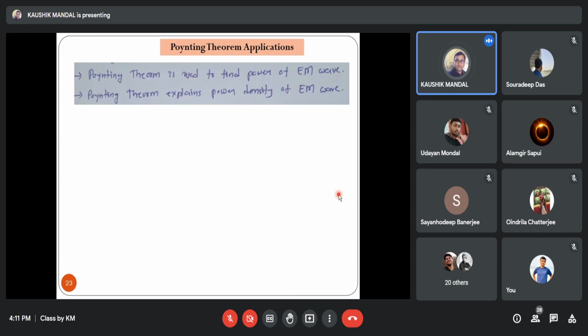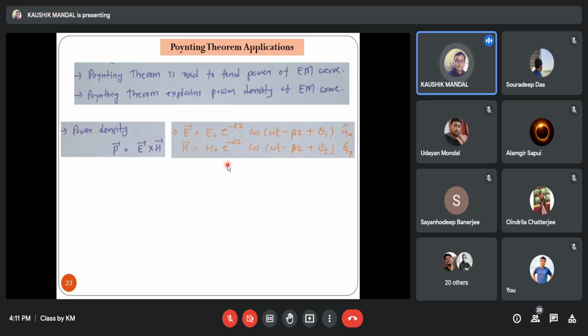We can also find out the power density of the electromagnetic wave. In that case, the energy flow E cross H is represented by P instead of S. They are the same thing, the Poynting vector basically.